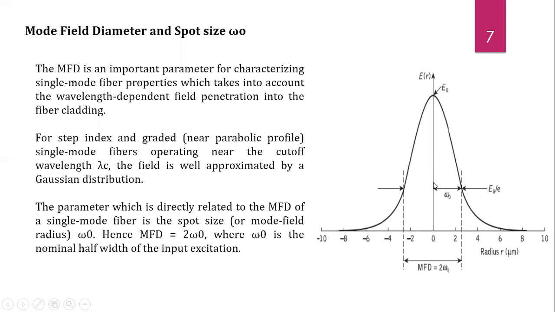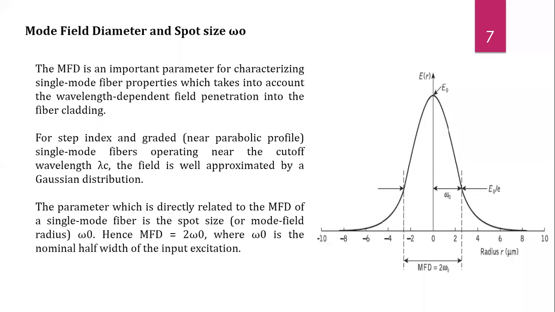So in single mode fiber, for the fundamental mode on the field amplitude distribution, the mode field diagram is shown here, right? This mode field diameter is nothing but the distance between these two values. That is MFD, denoted as MFD is equal to 2 into omega naught.